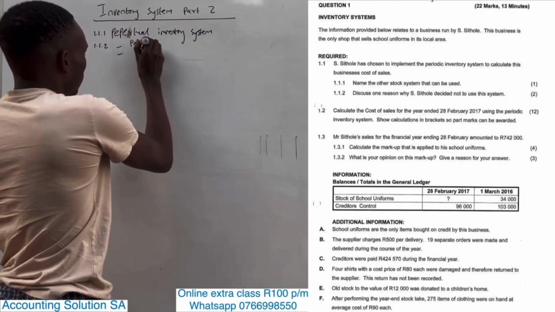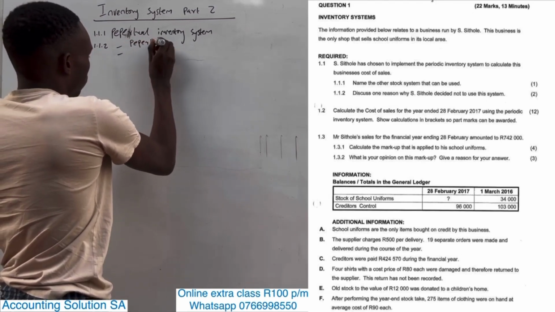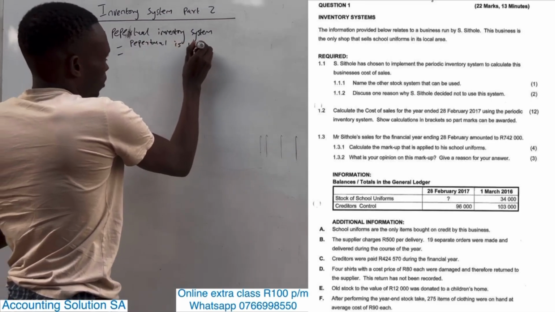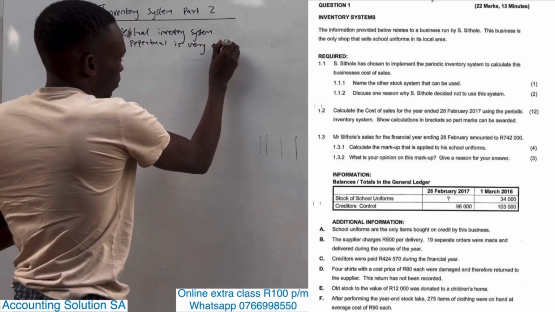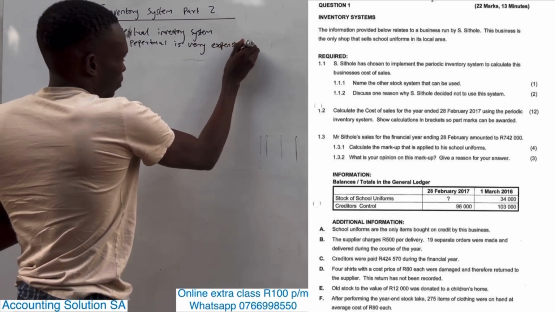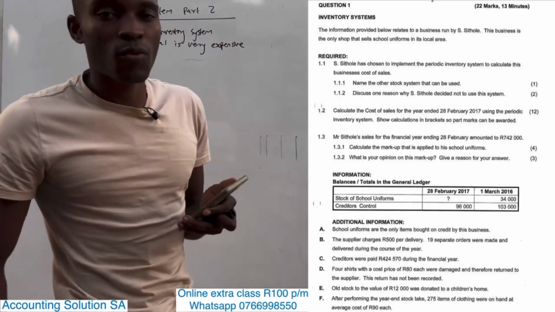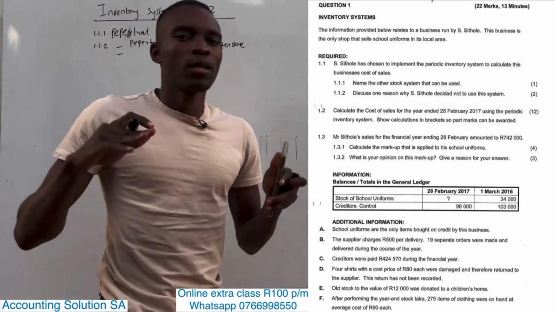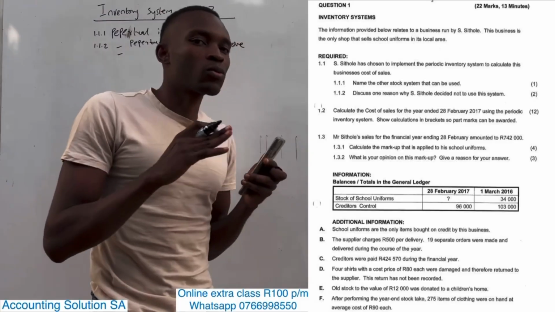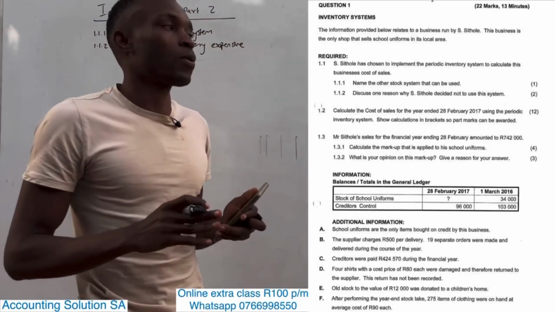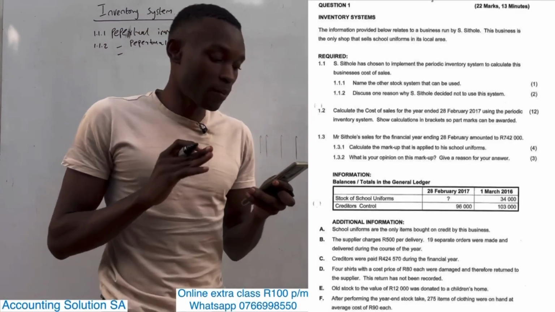Perpetual is very expensive. It's going to require a lot of software, computers, and a person who is going to install that software. So it's going to be a lot of ups and downs.